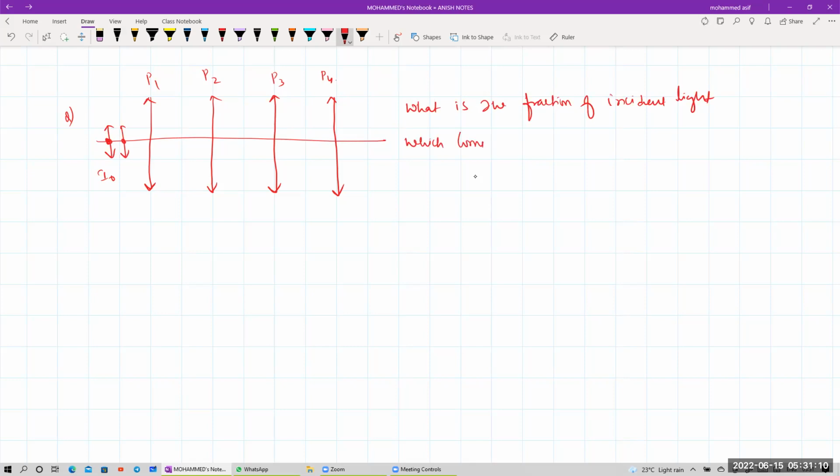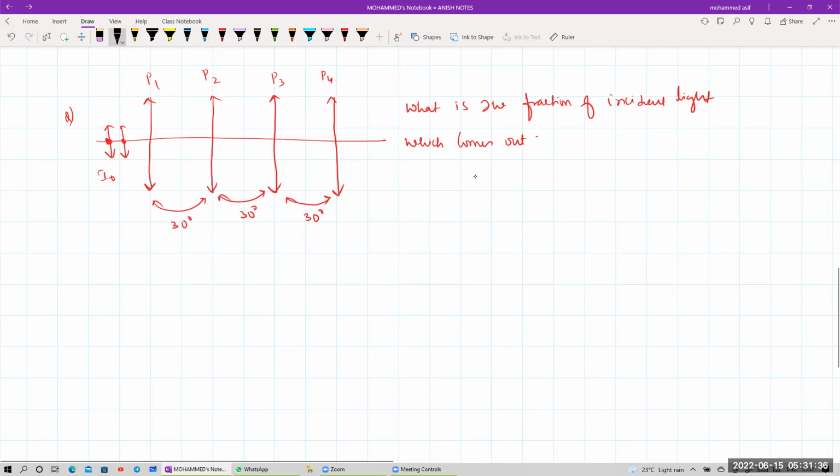That means from P4, what is the intensity of light which has been coming out? That is my question. Provided the angle between P1 and P2 is 30 degrees, P2 and P3 is also 30 degrees, and P3 and P4 is also 30 degrees. Got an idea?